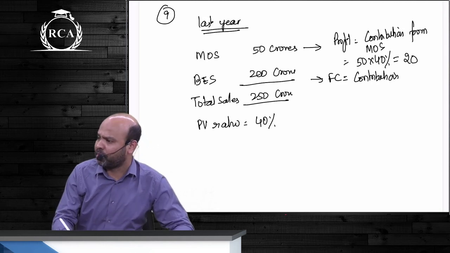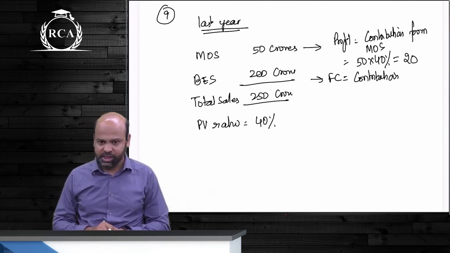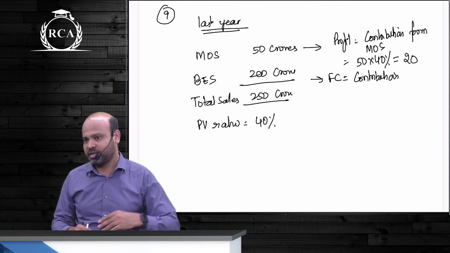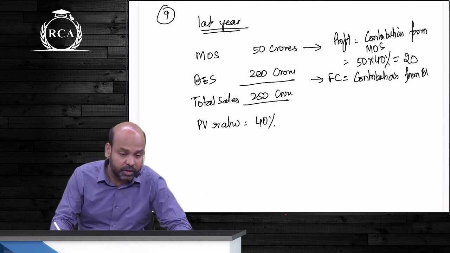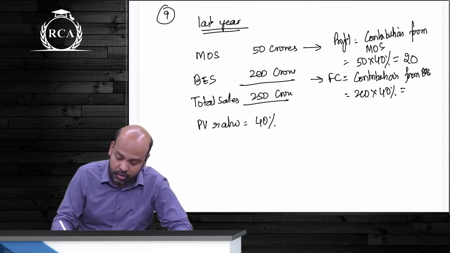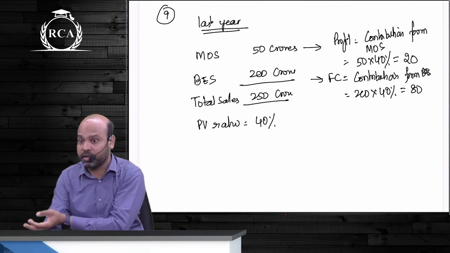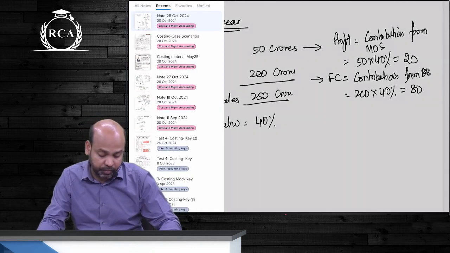Or you can use the formula, break-even sales is equal to fixed cost divided by PV ratio, not profit by PV ratio. So contribution from break-even sales, 200 crores ka 40%. I got last year fixed cost, I got last year profit, I got total sales. Did we not get all the figures for the last year, guys? Yes or no, beta? Now continue, guys.